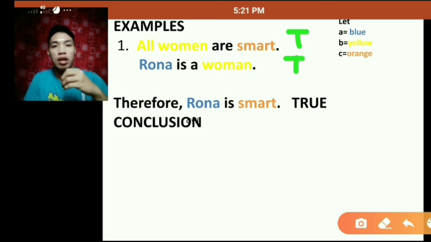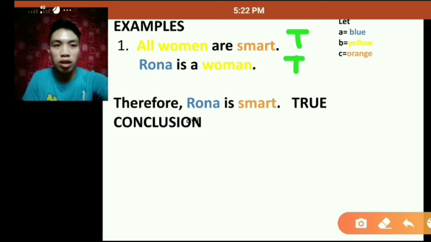Now we need to check if the conclusion is true with regards to the premises. We have: therefore Rona is smart. Since Rona is a woman, therefore she is smart.